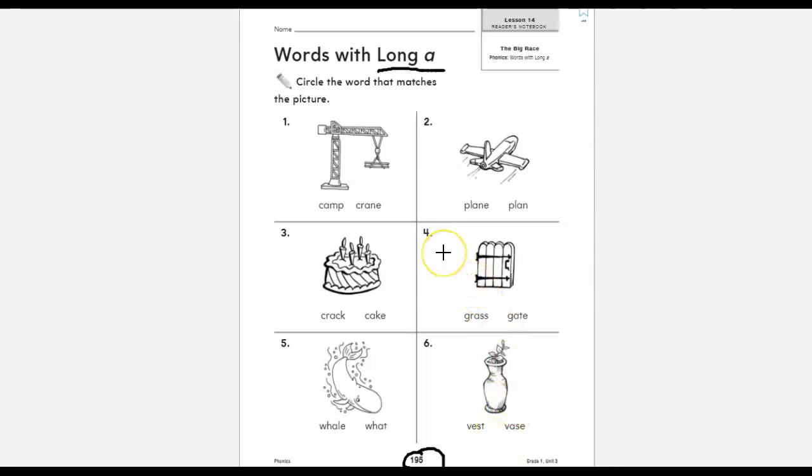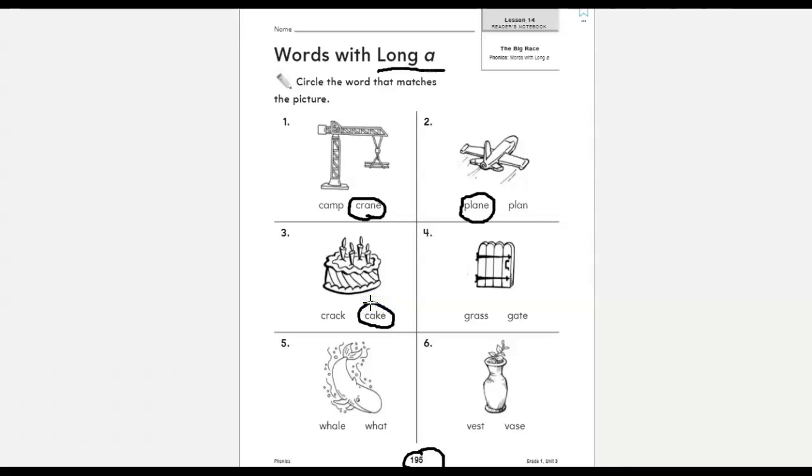If you have completed answering the questions, let's go over your answers. On number 1, this is a picture of a crane. On number 2, this is a picture of a plane. On number 3, this is a picture of cake.